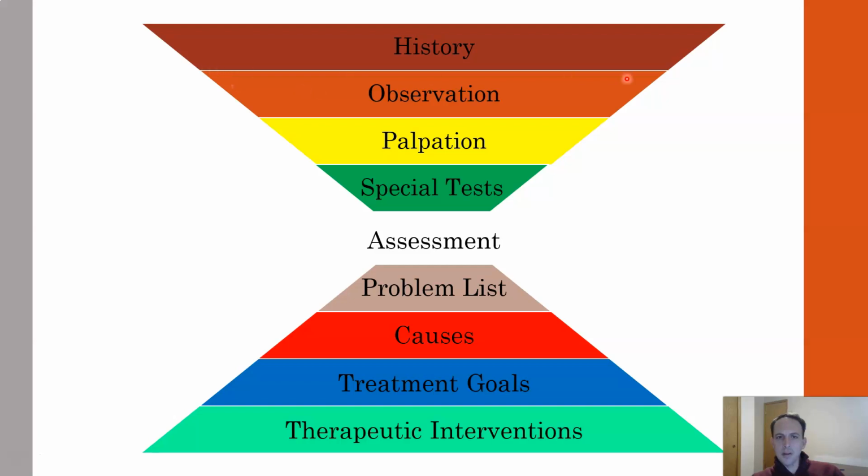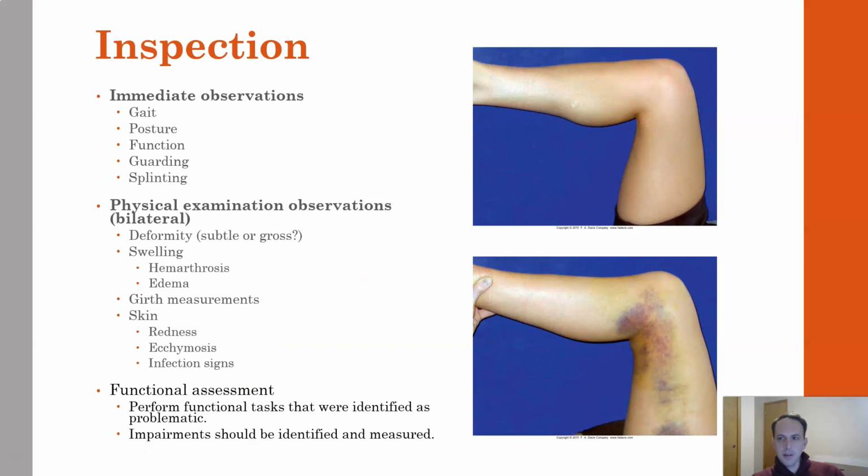We're just specifically going to look at this part right here in this lesson. We already talked about history and subjective examination, and in the more advanced treatment courses, we will focus more on this bottom part. But remember, this is really all one specific examination.